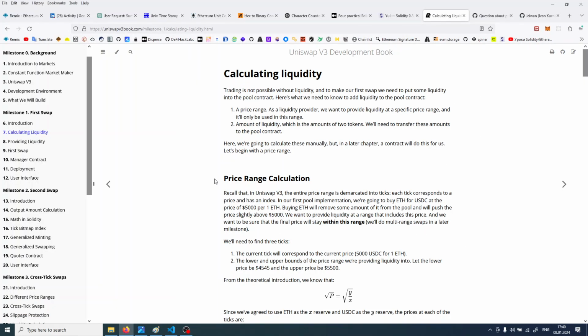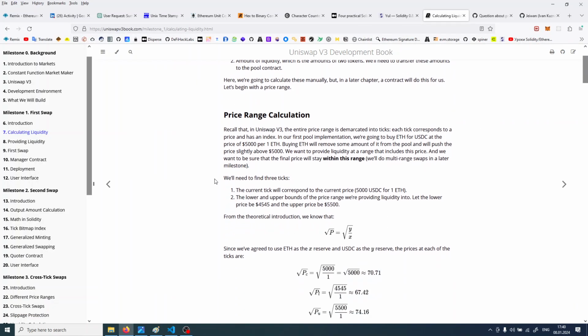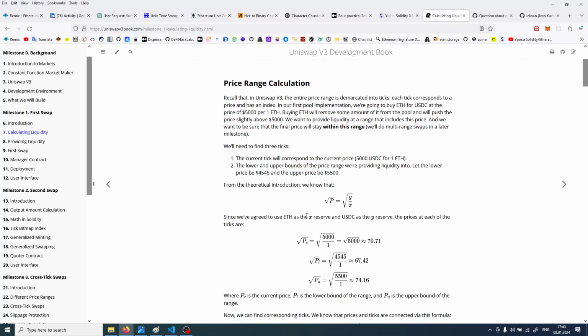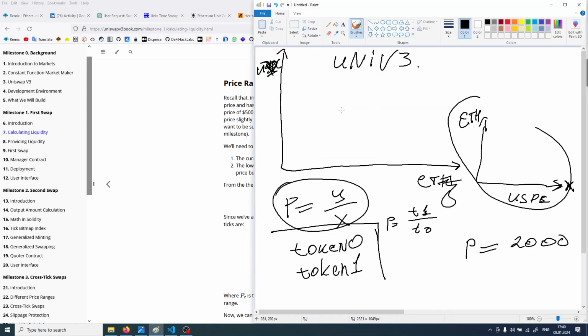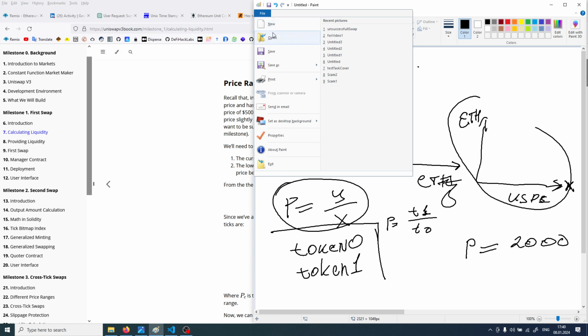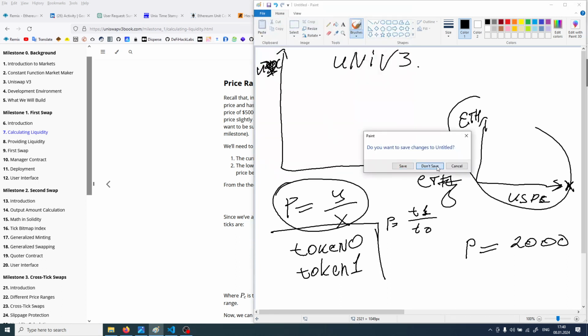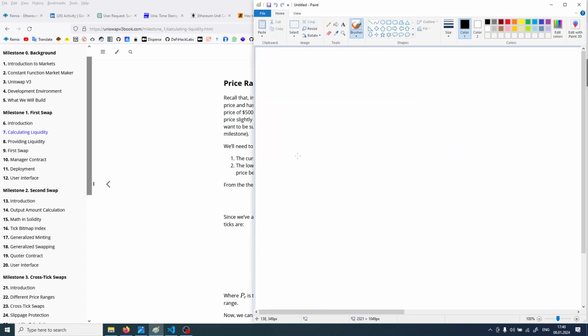Okay, let's move to the book and let's create a swap.